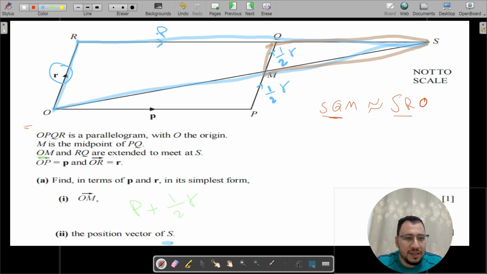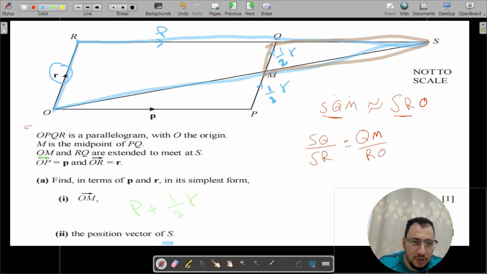SQ over SR. As you can see, I just took the first two letters from here with the first two letters from there. So SQ over SR equals QM over RO. This is what we need in this question.